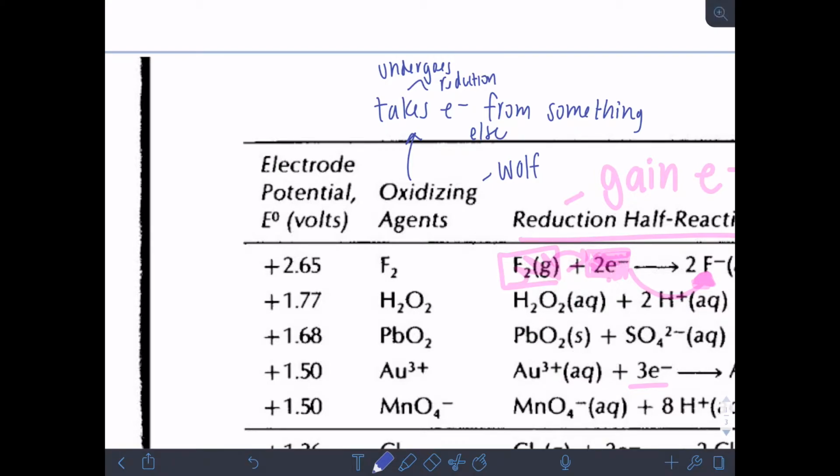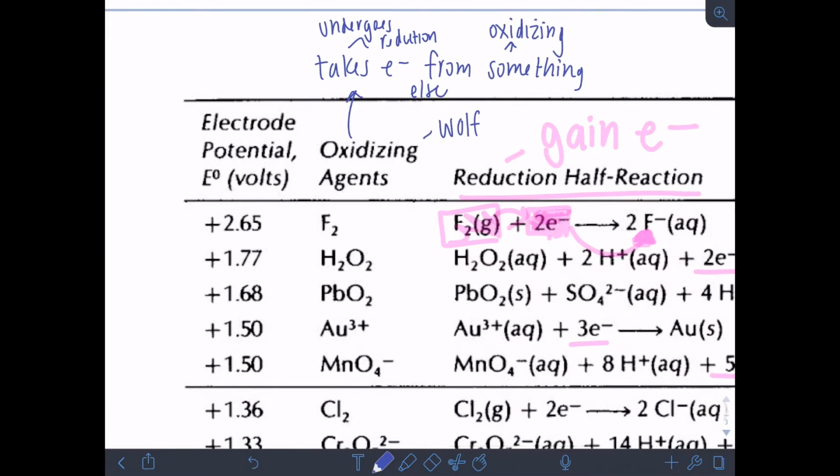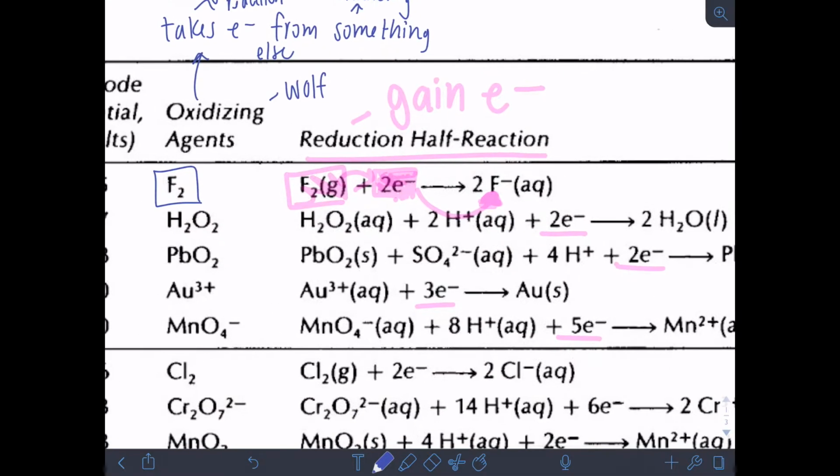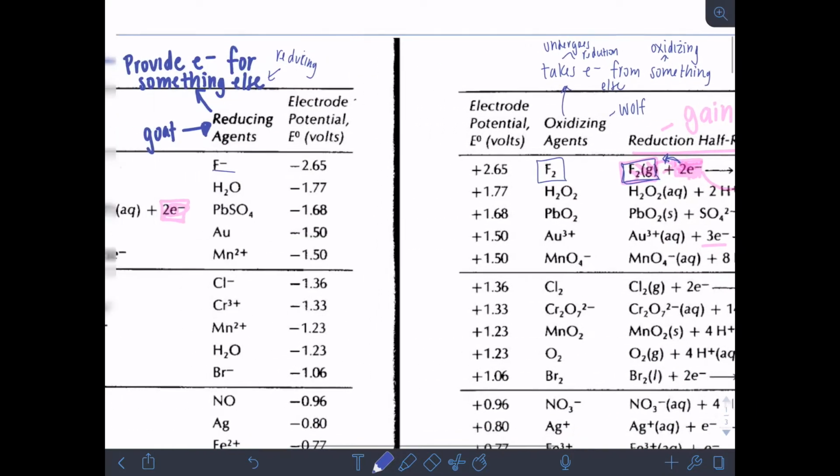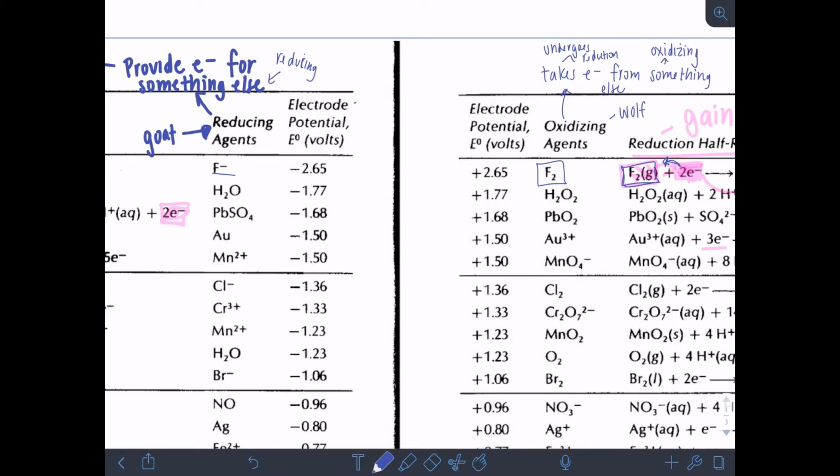And that means it's oxidizing the other thing. Oxidizing agents will appear in the reactant side here because they are taking electrons from something else, meaning they are being reduced. So that's our reducing agents and our oxidizing agents.